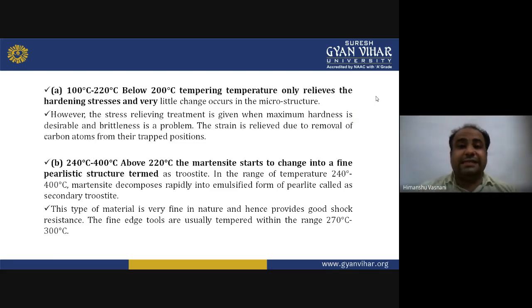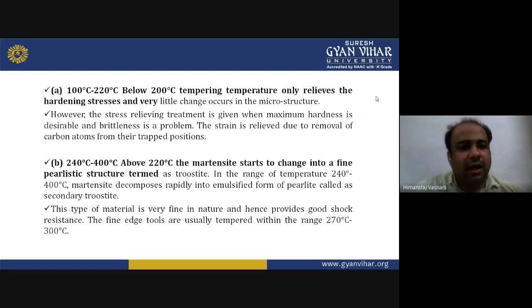The strain is relieved due to the removal of carbon atoms from their trapped positions. Because the carbon atoms move from the trapped position, the strain is relieved from the material.